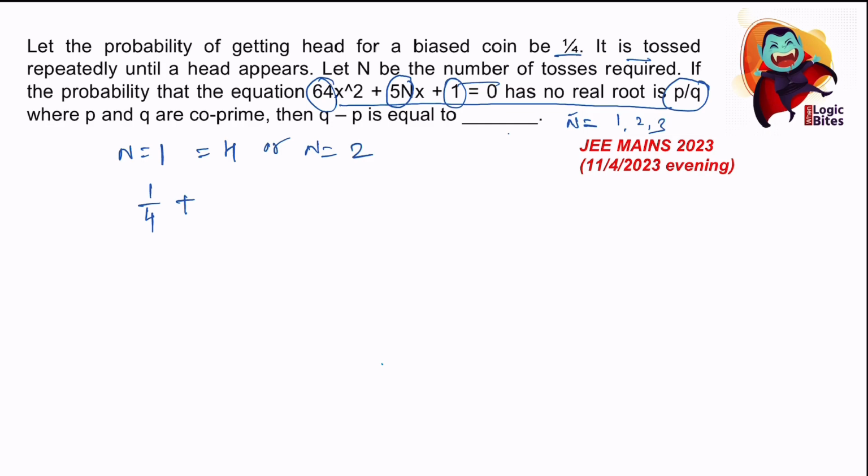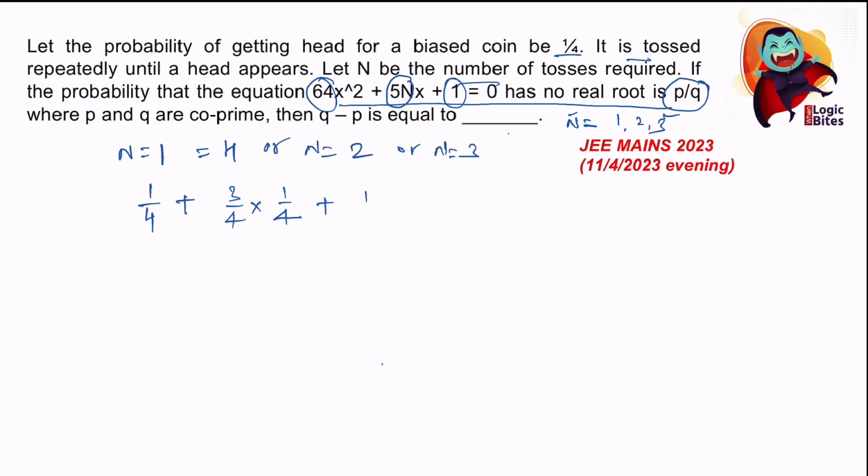So the probability of getting tail will be 3 by 4 multiplied by, now the second time when we toss the coin, we are getting head. So it will be 1 by 4. Now, when we toss the coin the third time, n is equal to 3.